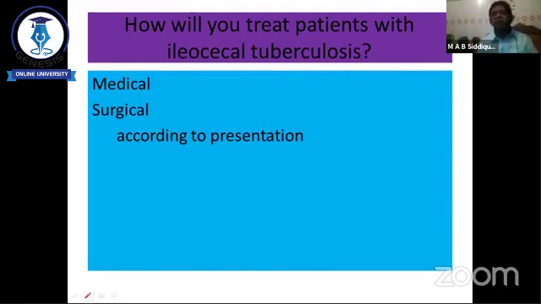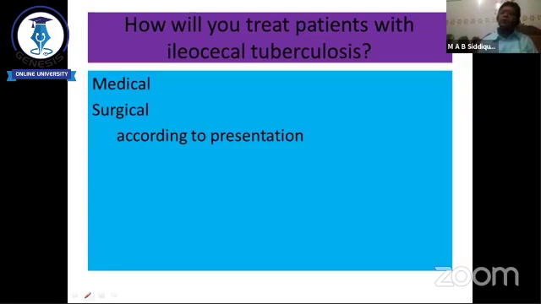In case of malignancy, the classical right hemicolectomy is mandatory for lymphovascular clearance. But tuberculosis is not malignant, so there is no need of lymphovascular clearance. That is why we call it limited right hemicolectomy.